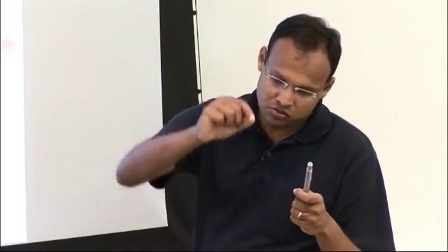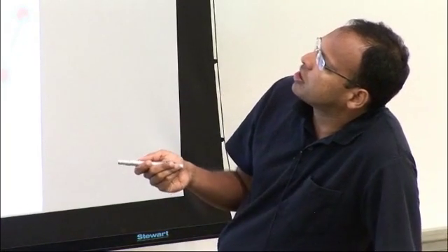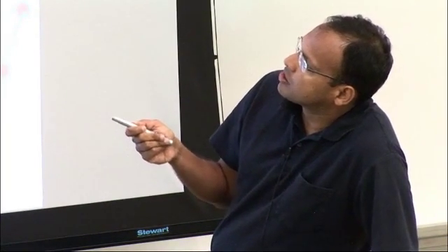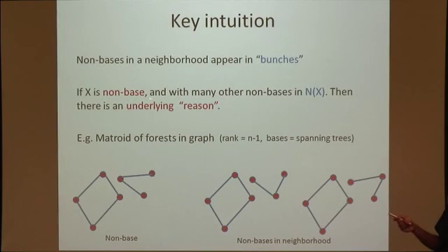One way to specify them is to list each of them, but we can give a very concrete representation. Instead of listing all of these non-bases, I'll just describe 2 sets which will encode which of them are non-bases, and the reason is the following structural property: if X is a non-base, an R set which is a non-base, and there are many other non-bases in N(X), then there is some underlying reason for these guys to be non-bases.